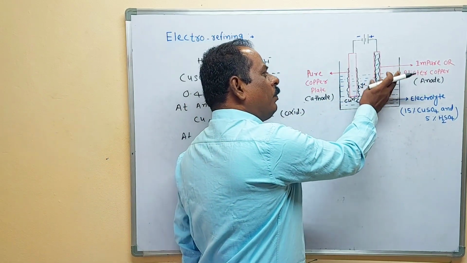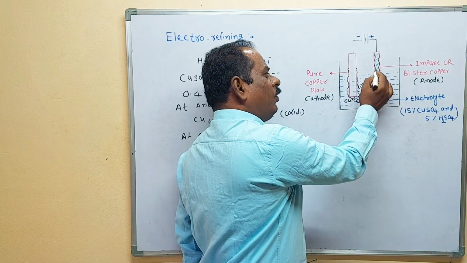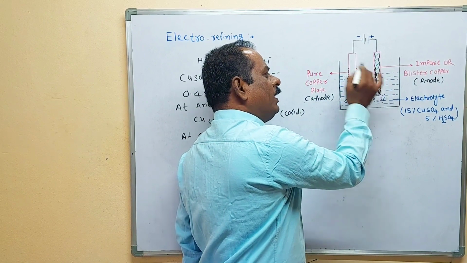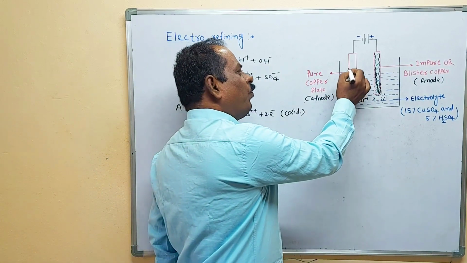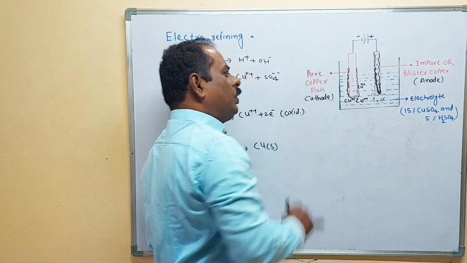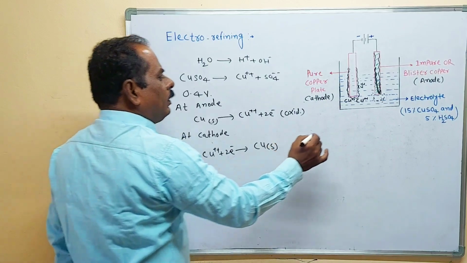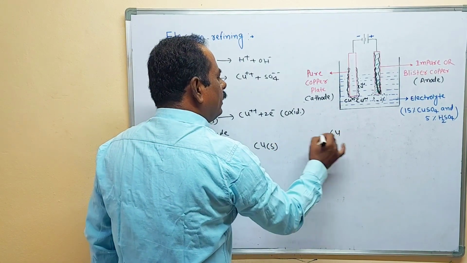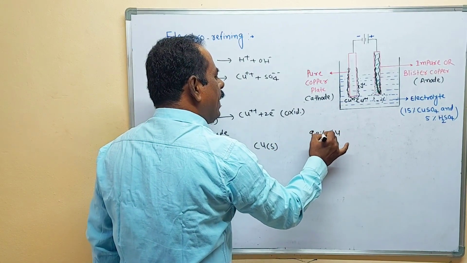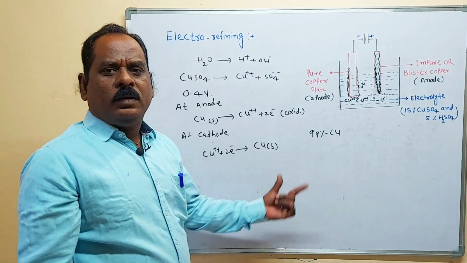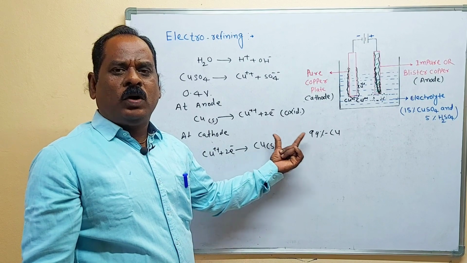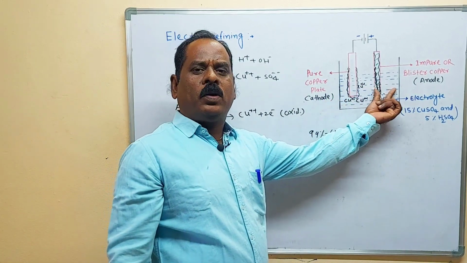Because it forms copper ions, therefore the size of the anode slowly decreases. Finally, we get pure copper on the cathode. Separate this copper, which is about 99% pure copper.